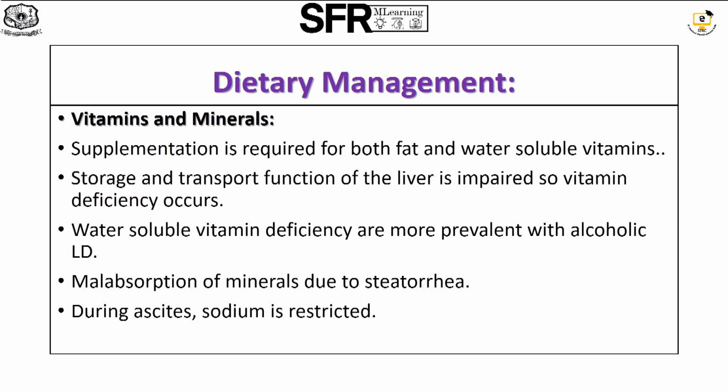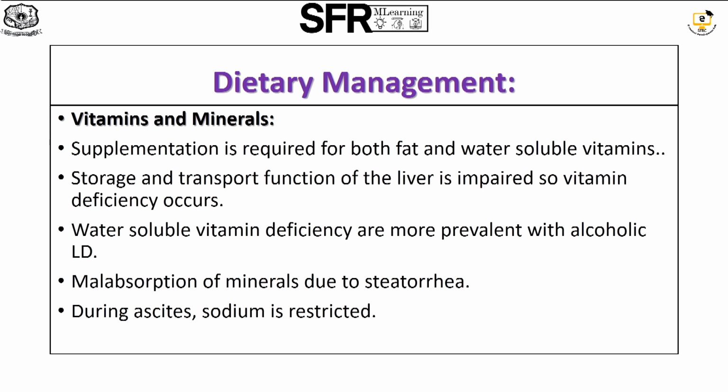So, vitamins and minerals: all the vitamins and minerals will be inadequate because of malabsorption, steatorrhea and all the other reasons. The liver will also not be able to store and transport the nutrients properly. So, deficiency of vitamins and minerals is very common among liver cirrhotic patients. So, supplementation is required for both fat and water soluble vitamins.